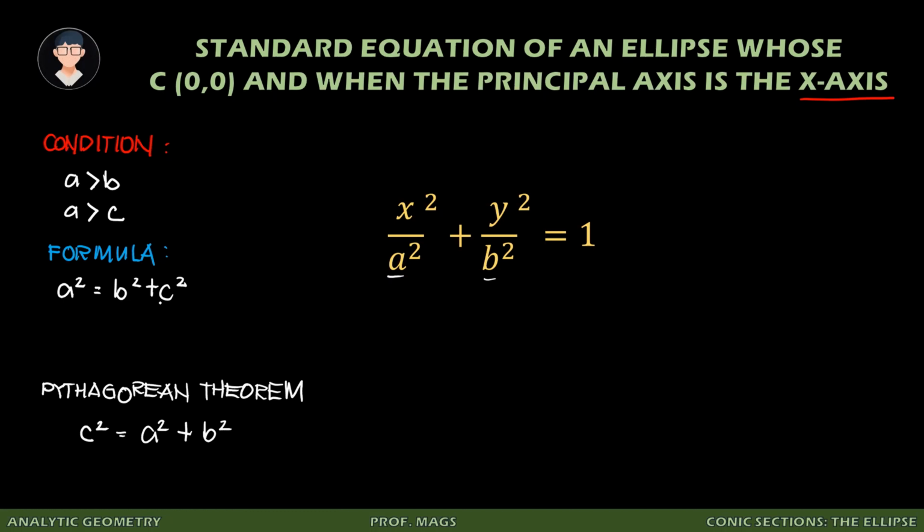So that is not equal. If you're going to derive this, it will become a square minus b square is equal to c square. So c square is equal to a square minus b square.